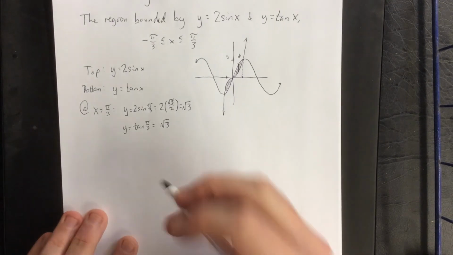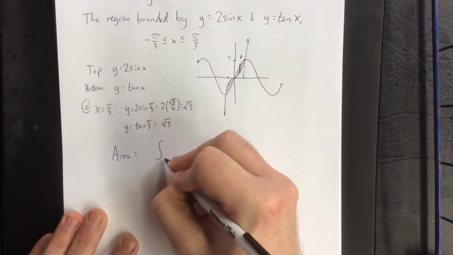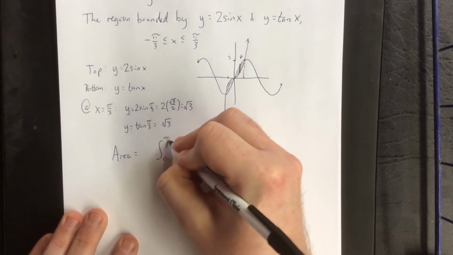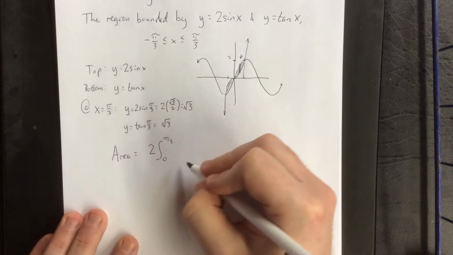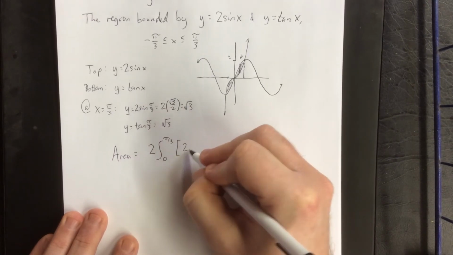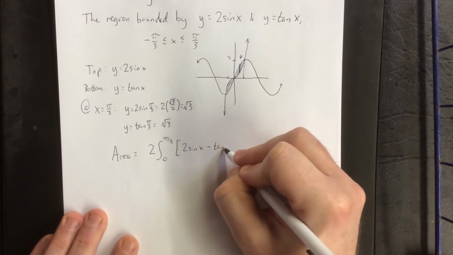So with that in question, our total area is going to be equal to the definite integral from 0 to pi over 3, which we will then double to get the left side as well, of our top function minus our bottom function.